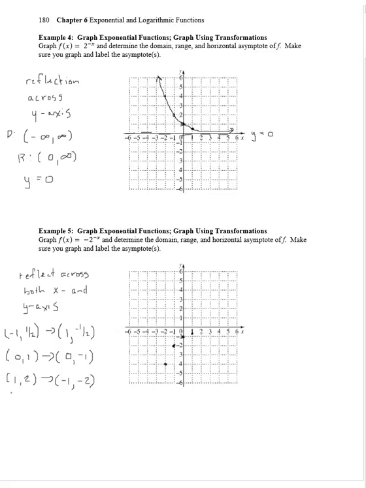Now, if you don't know how these points transform, just plug some values in. So plug in -1, 0 and 1 and see what you get out for y. And then plot them and connect your dots.